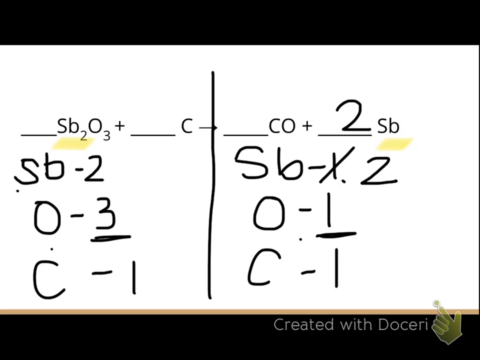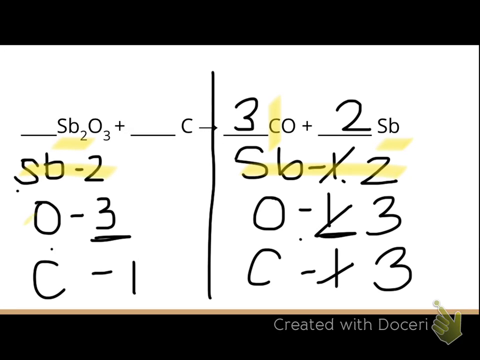This isn't like the problem before where we have to change both of them. I can just change one. I'm going to put a 3 here. So now I have 3 oxygens. But what else do I have 3 of now? Carbon. Okay, so now my antimonies check out, equal, equal, oxygen, equal, equal, carbon, 1, carbon, 3. 3 right there will do the trick.